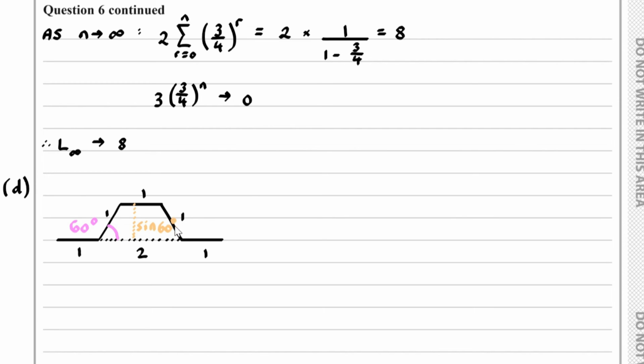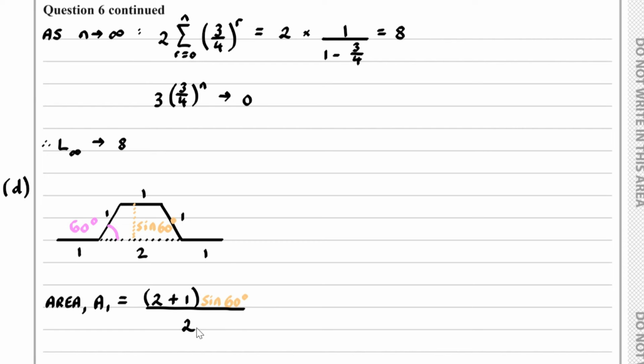So if I find out the area of this trapezium, A1, we would have the sum of the parallel sides, 2 plus 1, multiplied by the height, which is sine 60, and then we divide that by 2.